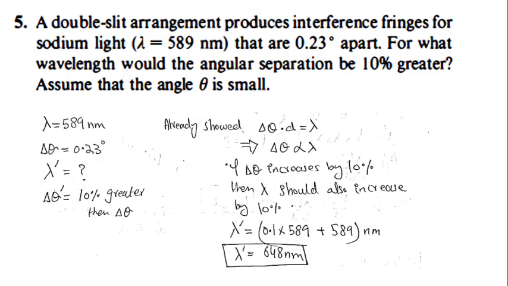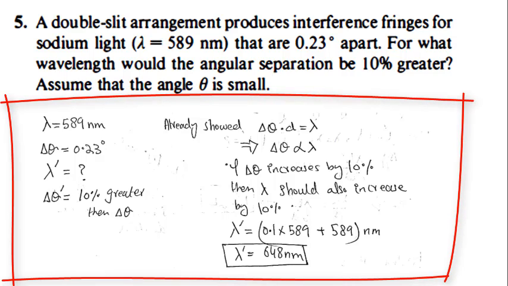So I can denote this by lambda prime and delta theta prime, and delta theta prime is 10% greater than delta theta. So in the previous problem we showed that delta theta times d is equal to lambda.